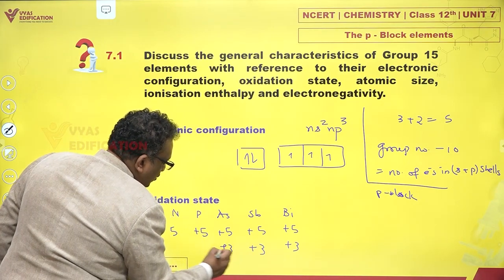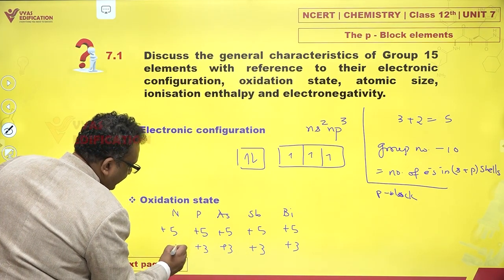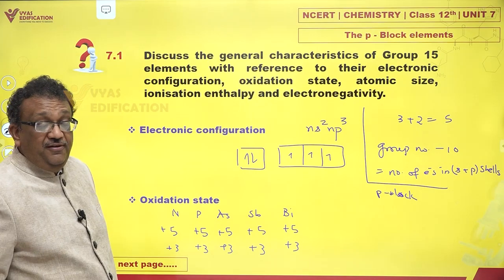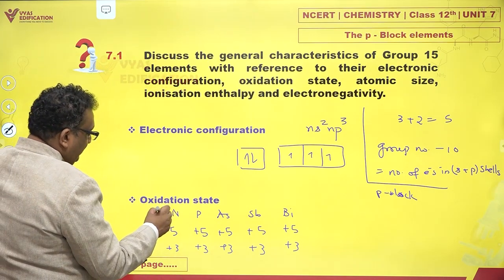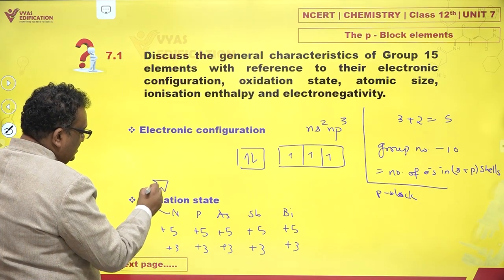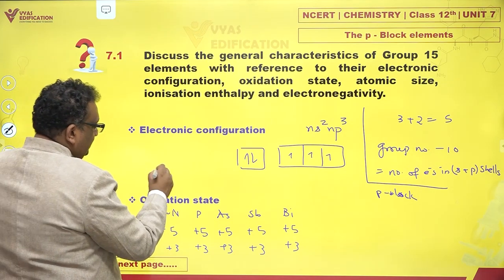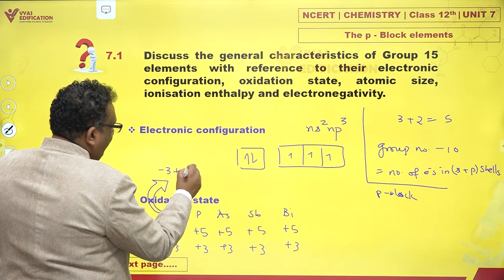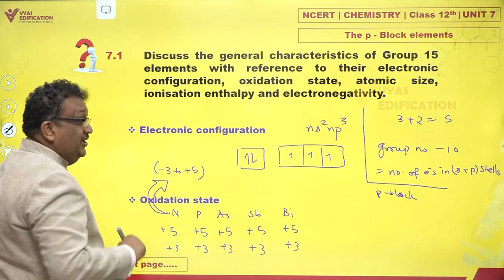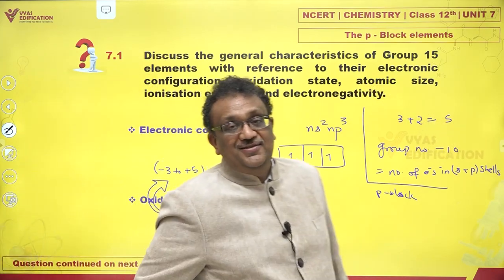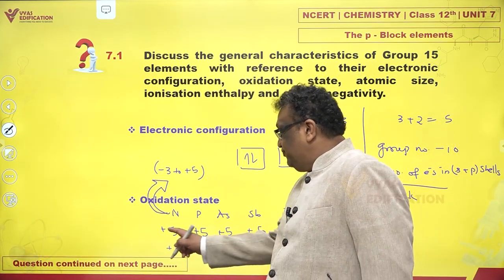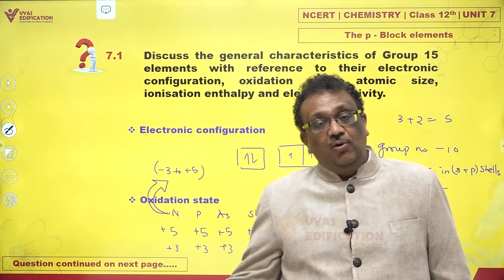All of them also exhibit plus 3 state. Nitrogen is very funny in the sense that, because it is a part of organic compounds, it can exhibit all the states from minus 3 to plus 5, including even fractional states. So plus 5 and plus 3 are throughout the group.